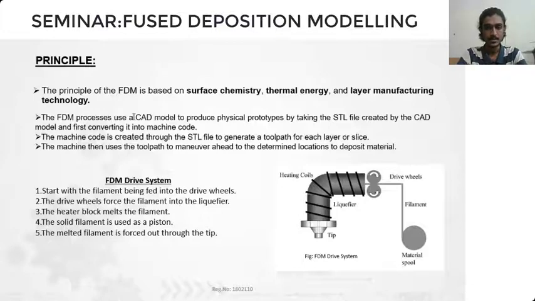Then it has to be converted to .stl format. Then the slicing operation should take place. Then the file has to be transferred to a machine code which governs the tool path of the print head, and by the relative motion between the print head and the print bed, the product can be constructed.